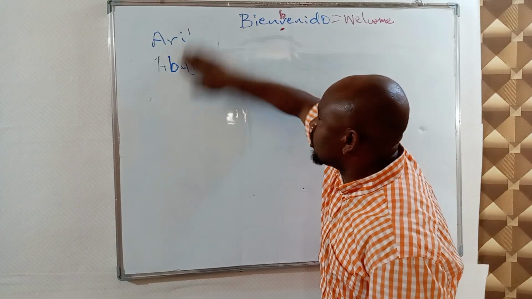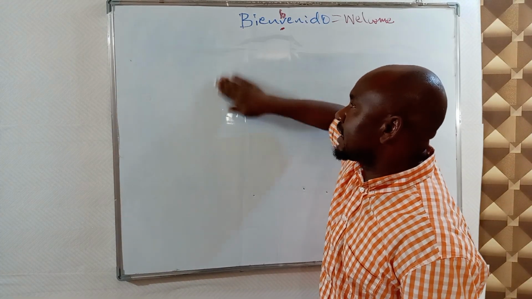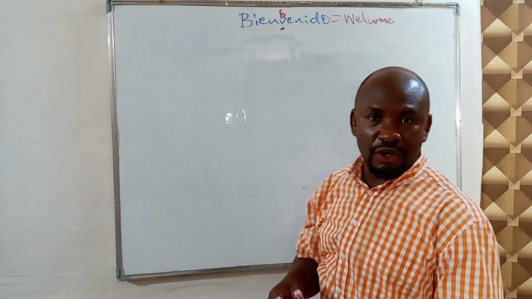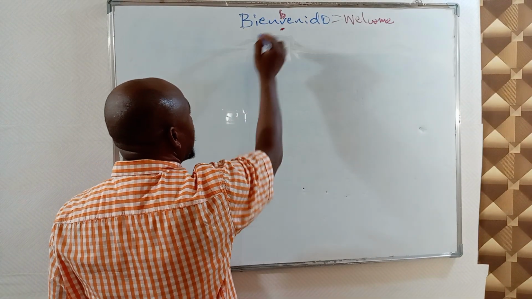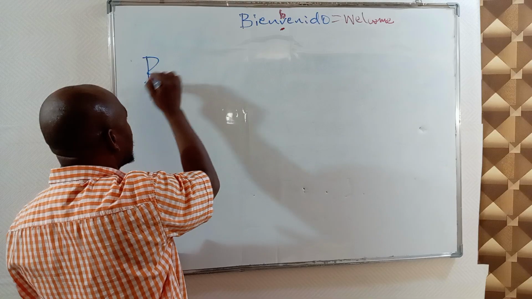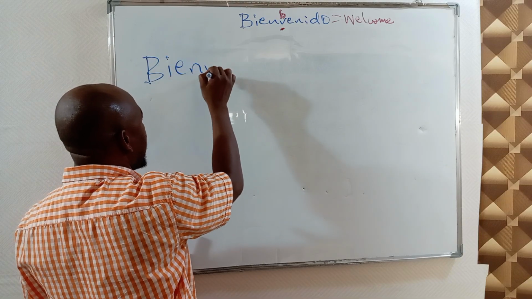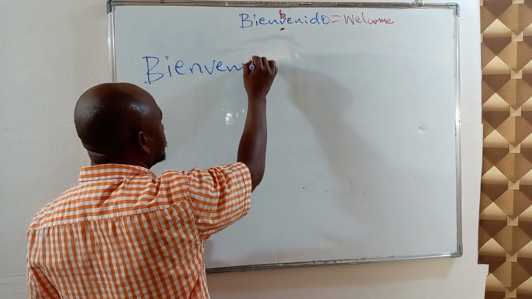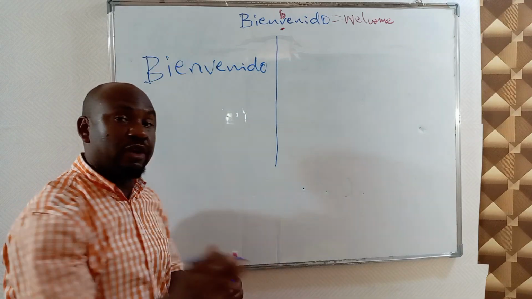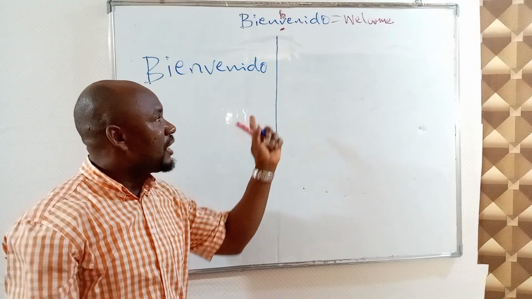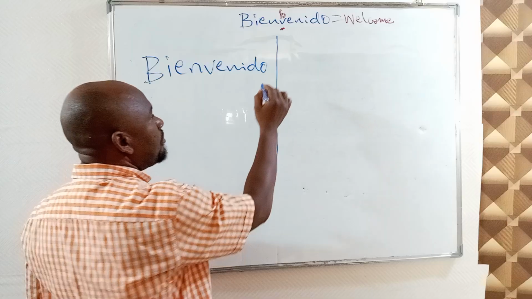I'm going to clean the board, so I'm going to be writing and cleaning. We are still making use of bienvenido. Now we're going to construct sentences. Remember what we're doing is greetings, but here we're starting with this.